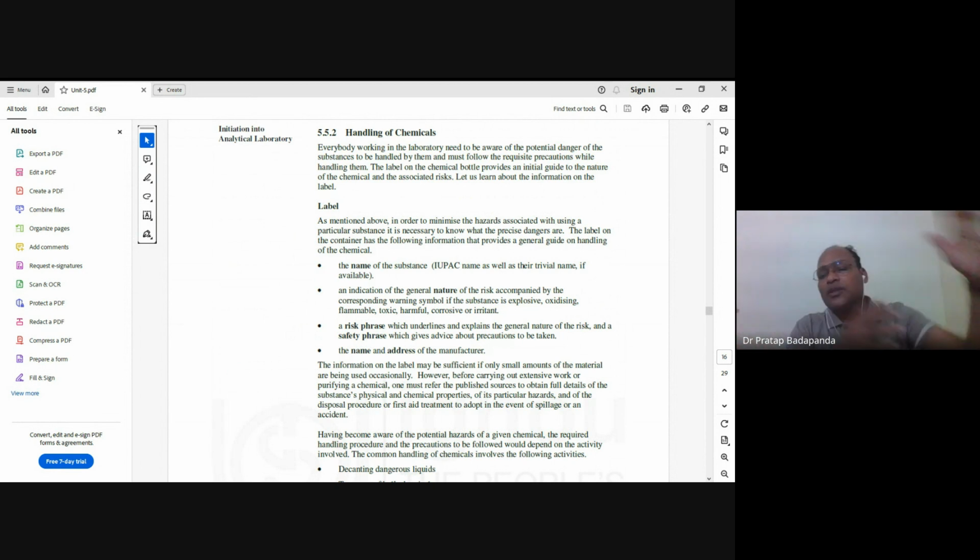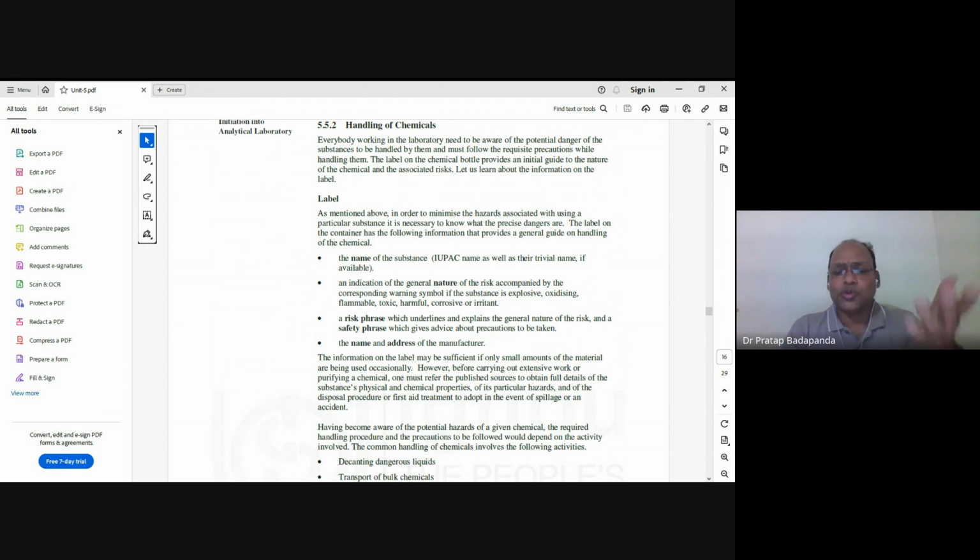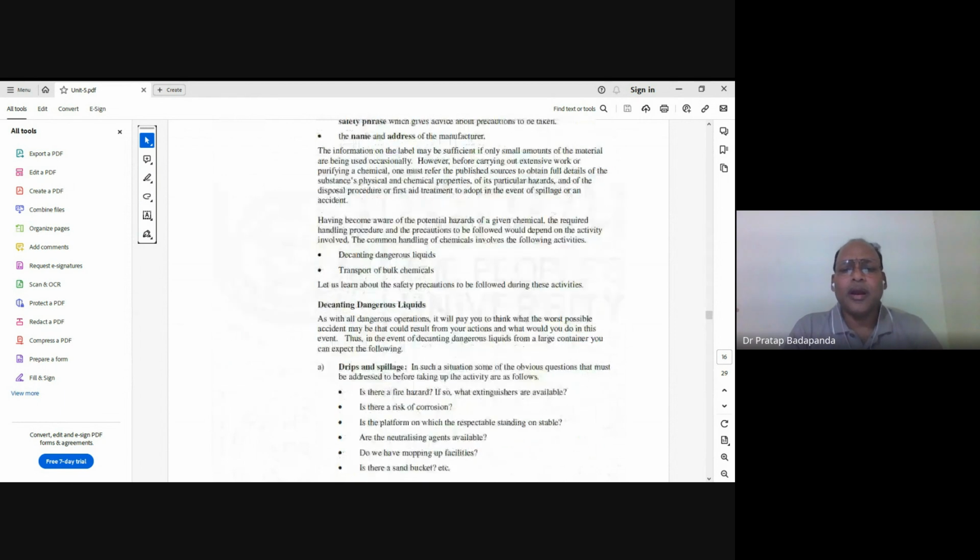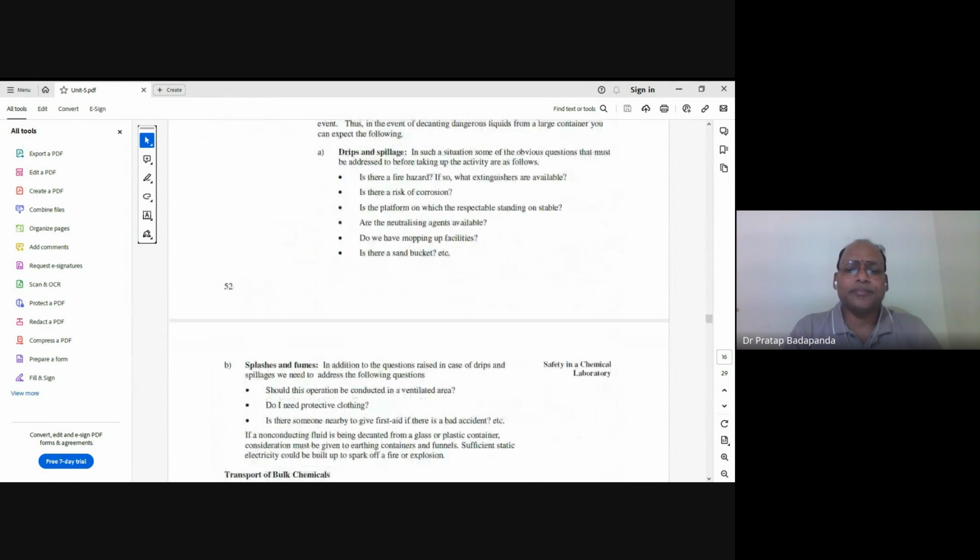So we have to separate out a small amount and keep it in another container. When you are doing this, you have to label it properly: concentrated hydrochloric acid, HCl, in big letters. That's the handling. These are the things you have to understand.